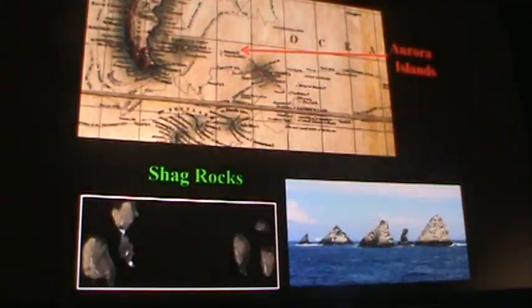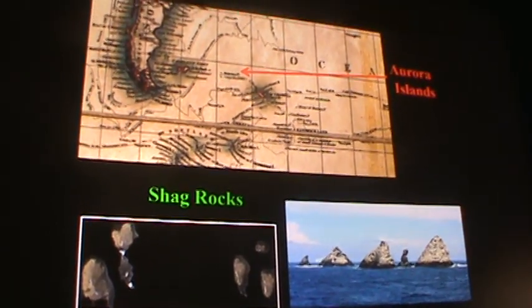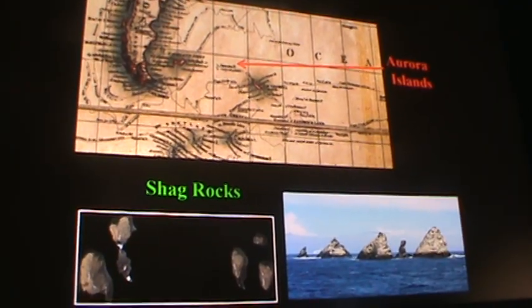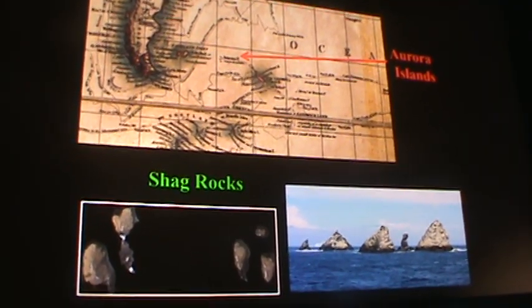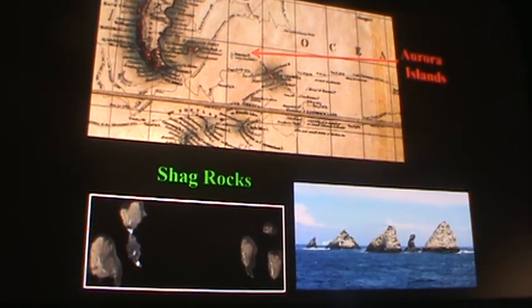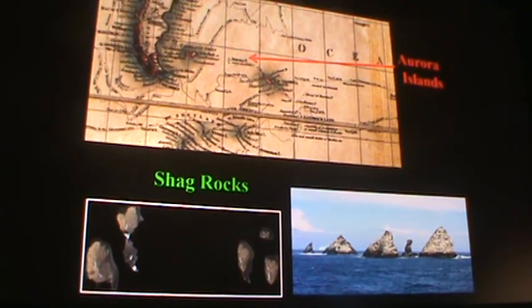The Aurora Islands. Well, there are Shag Rocks, they really exist. Bottom right has them, all covered in, well, there are nesting grounds for blue-eyed shag, Phalacrocorax atriceps, and we know what birds are, that's why they appear to be white. And the other image on the left is an aerial view of them.